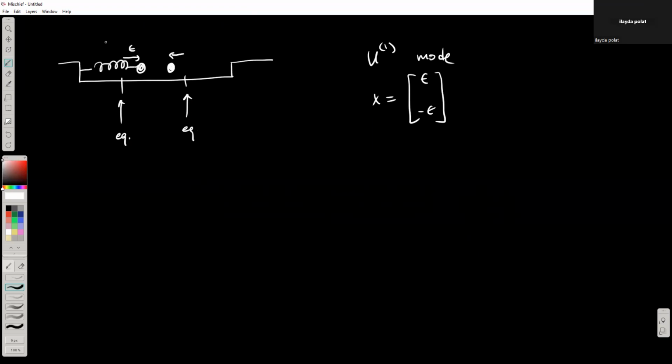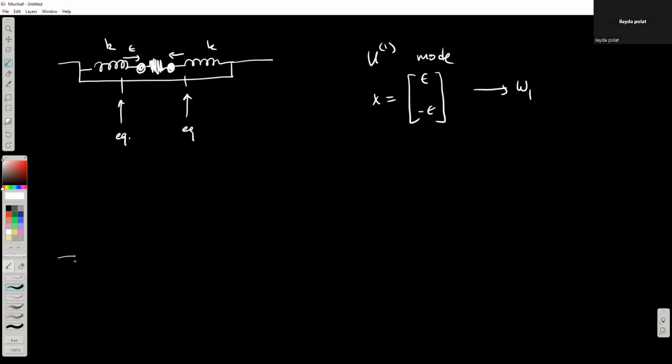In that mode, this spring is expanded, and that spring is also expanded, but this spring is compressed, for example. And in the opposite motion, of course, the particles go in the backward direction, in which case this and that are compressed, and this will be extended. It's just the oscillations in there. So that's the U1 mode. It has a frequency omega 1.